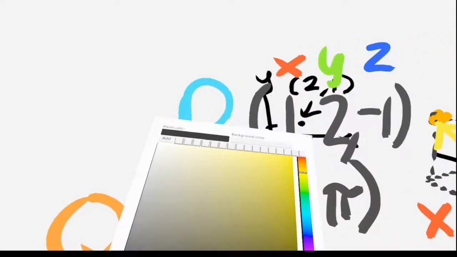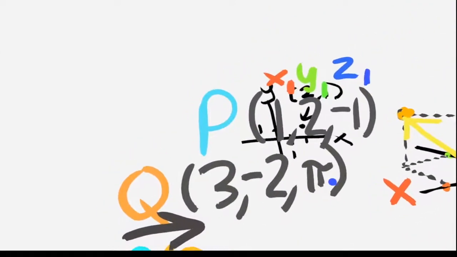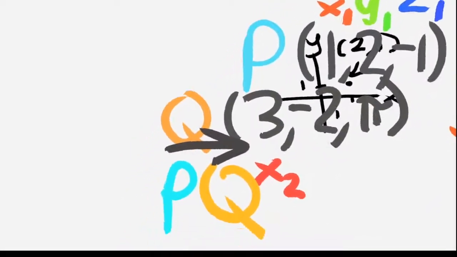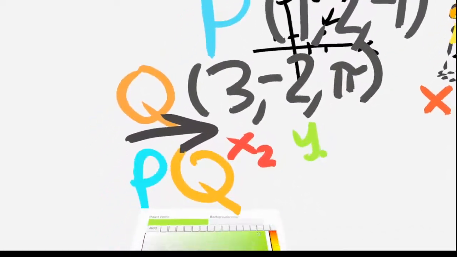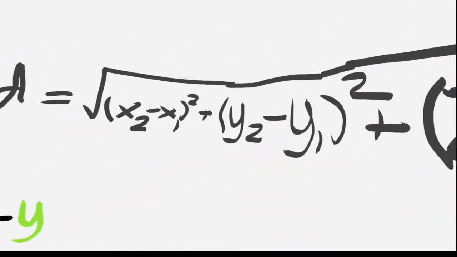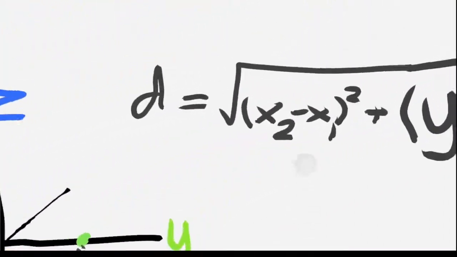This is your x1, y1, z1, and this is your x2, y2, and z2.